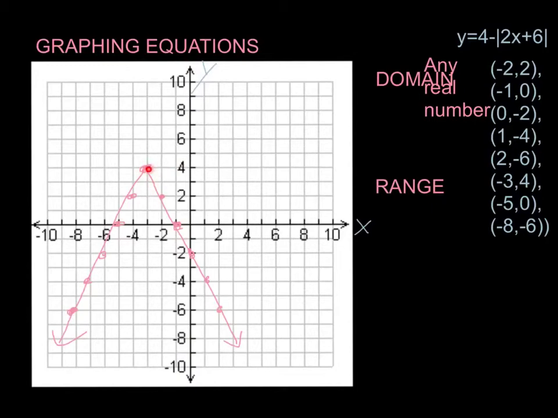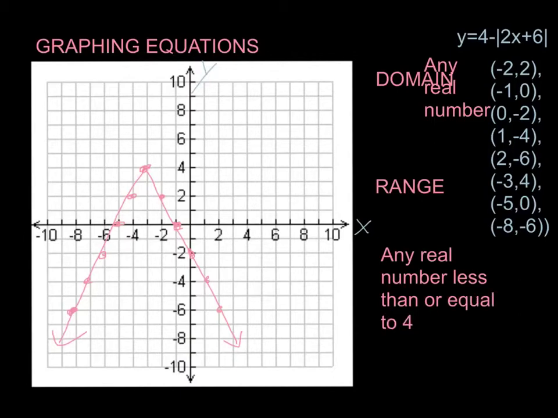The highest point on this graph is right at 4, and therefore the range is any real number less than or equal to 4.